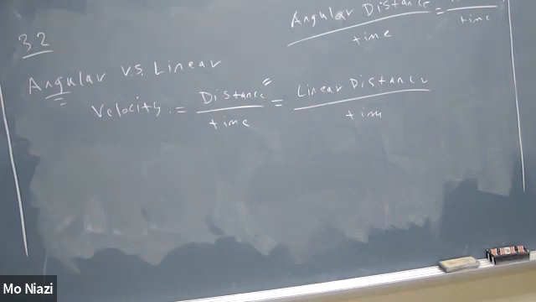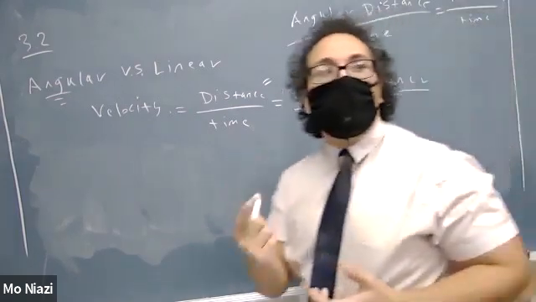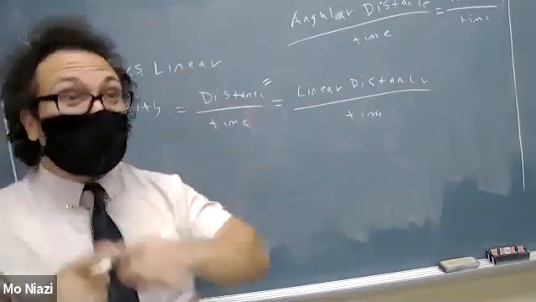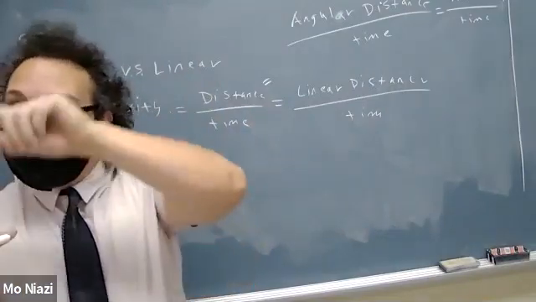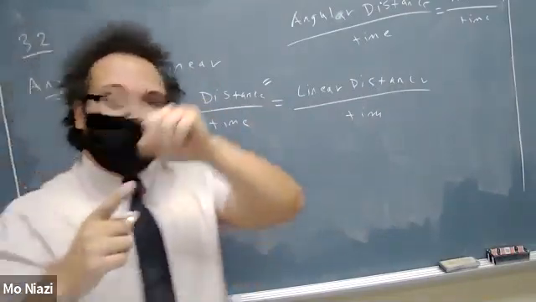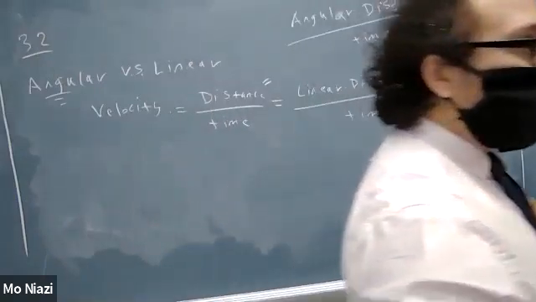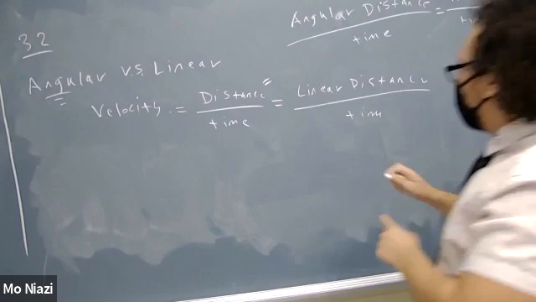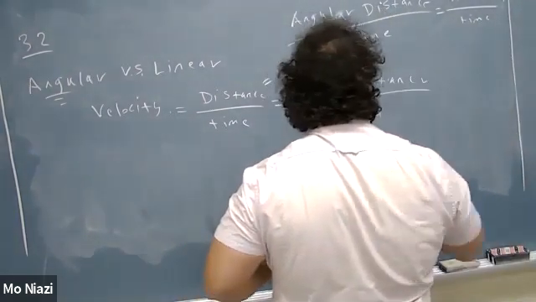When something is rotating, it's going through an arc length. And if it rotates in one full revolution, it's 360 degrees, and that's 2 pi radians, and we can calculate what the arc length is. In that case, the arc length is the circumference of the circle, right? S is equal to r theta.